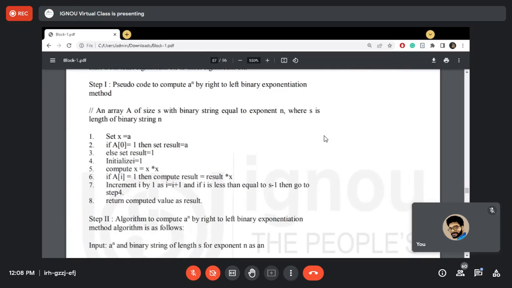If the 0th location is equal to 1, then set result equal to a, else set result equal to 1. Initialize I equal to 1. Compute x equal to x into x. Then if the ith location is equal to 1, compute result equal to result into a. Increment I by 1. If I is less than or equal to s minus 1, then repeat the fourth step, and then return the result.